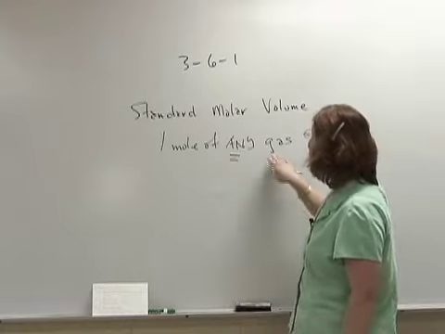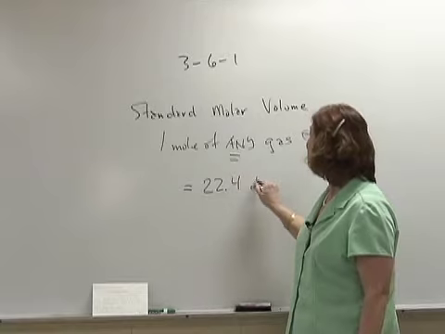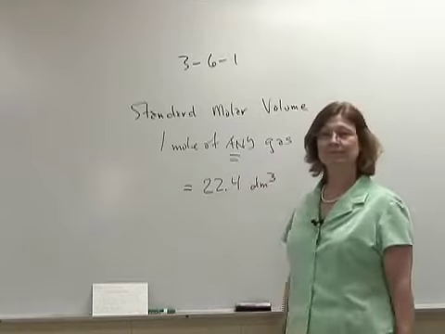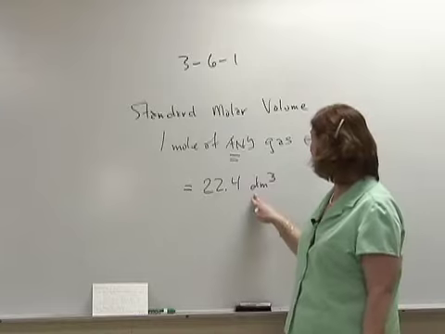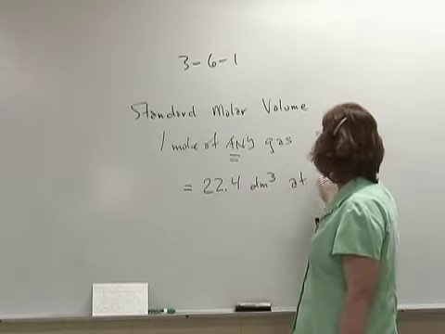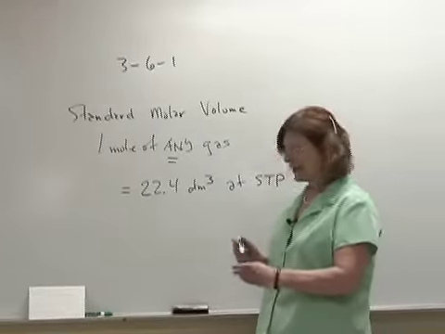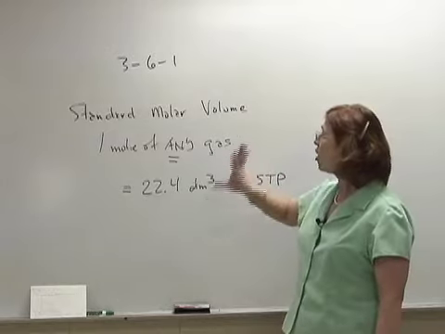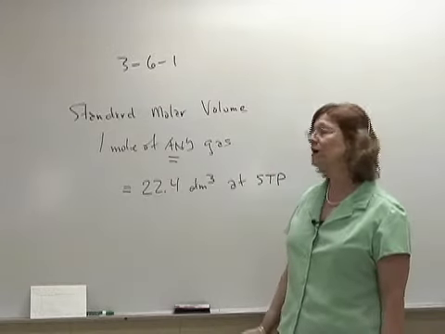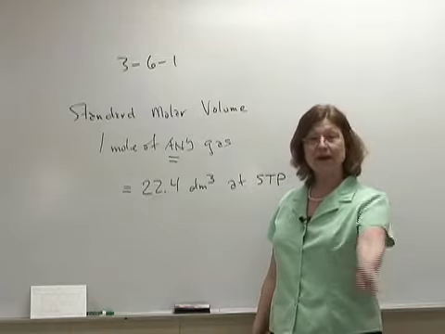And 1 mole of any gas is equal to 22.4 decimeters cubed. 1 mole of any gas is always 22.4 decimeters cubed at STP. This value is only true at standard temperature and pressure. 1 mole of any gas will always occupy 22.4 decimeters cubed at standard temperature and pressure. And we're going to use that.